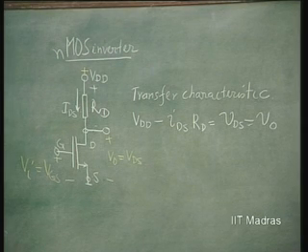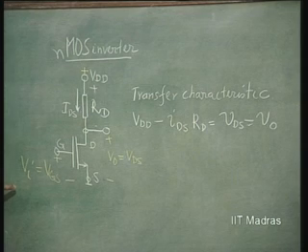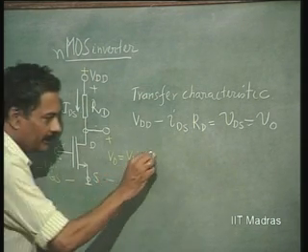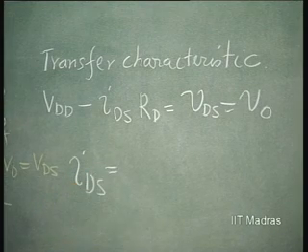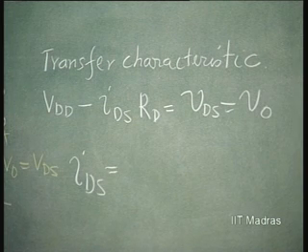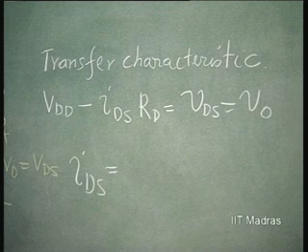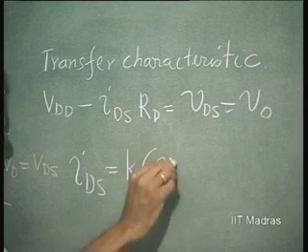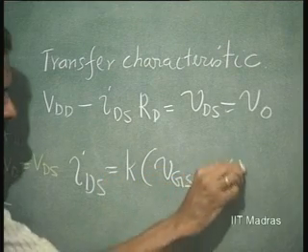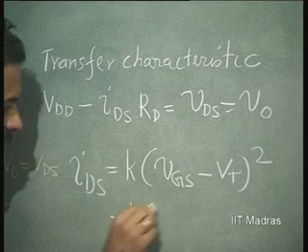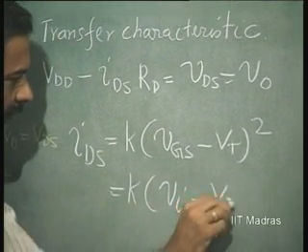And we have VGS equal to VI. That means IDS equals, assuming that the transistor is in the current saturation region, IDS is equal to K times VGS minus VT whole squared, which is equal to K times VI minus VT whole square.